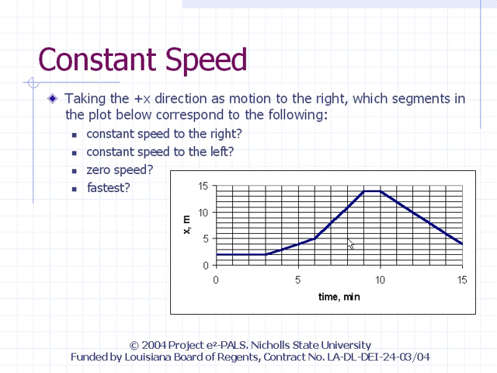Consider the plot shown here, which keeps track of the location of an object, x in meters, versus time in minutes. Taking the positive x direction as motion to the right, which segments of the plot correspond to a situation where the object is moving at a constant speed to the right?